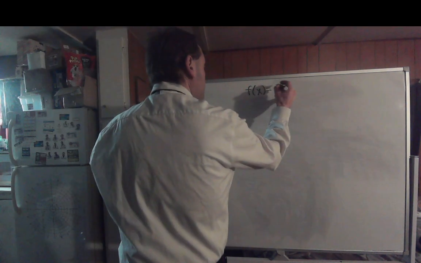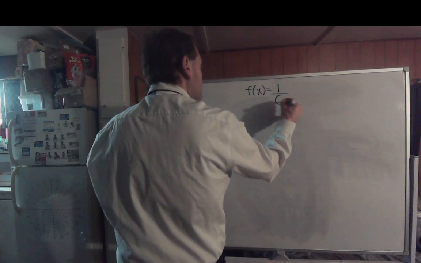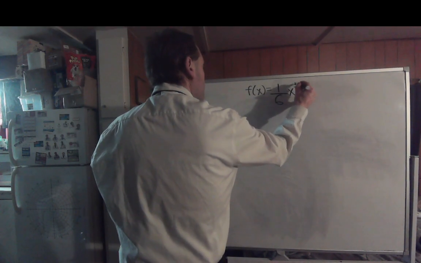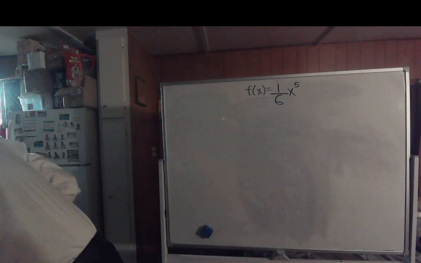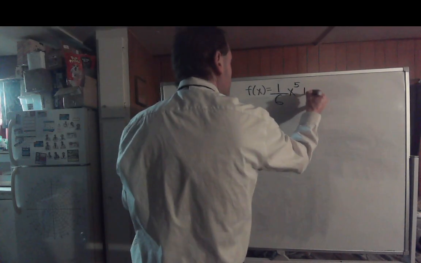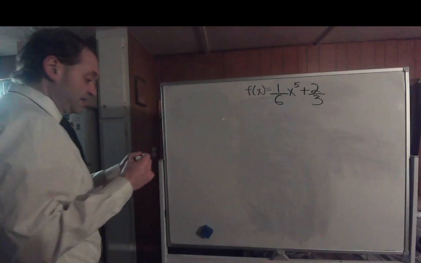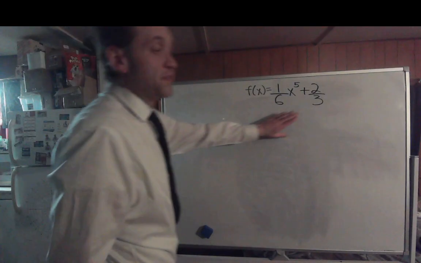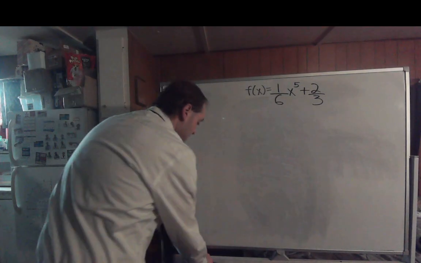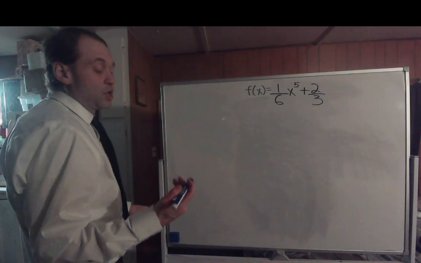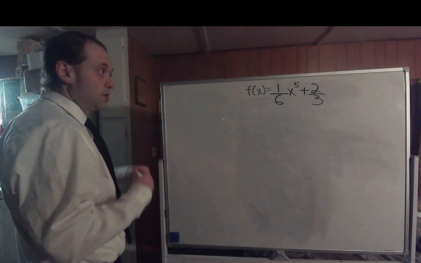All right, f of x equals 1/6 times x to the 5th plus 2/3. All right, so f of x equals 1/6 x to the 5th plus 2/3. It's an odd power function, so it's definitely 1 to 1.